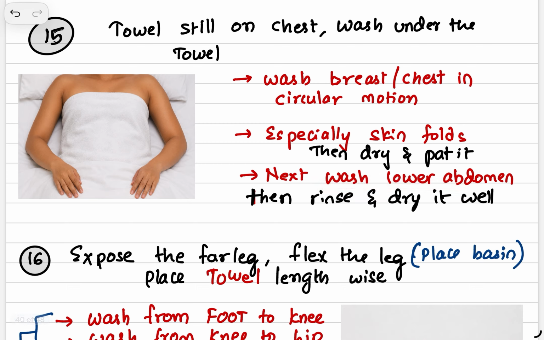The lower abdomen is also covered with a towel, so you wash that also. Clear? So first we washed which one? Face. Next we washed the arm, and later we are washing the chest. The 15th step is washing the chest and abdomen. Clear? And the lower abdomen also we are washing.